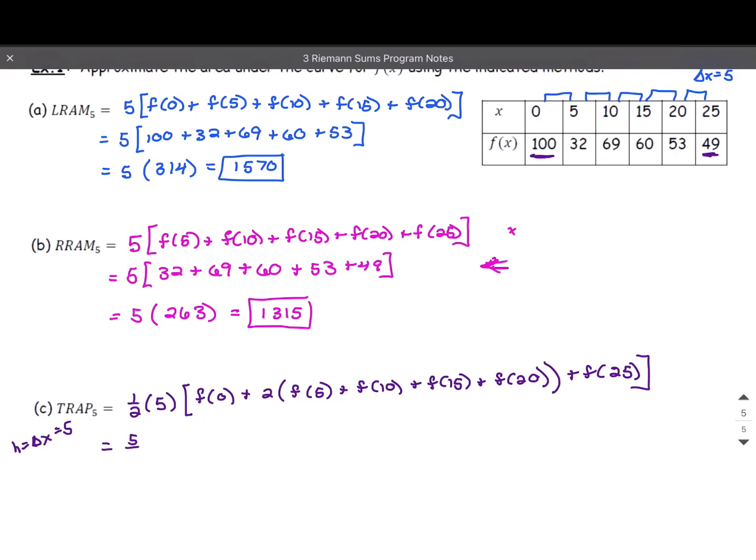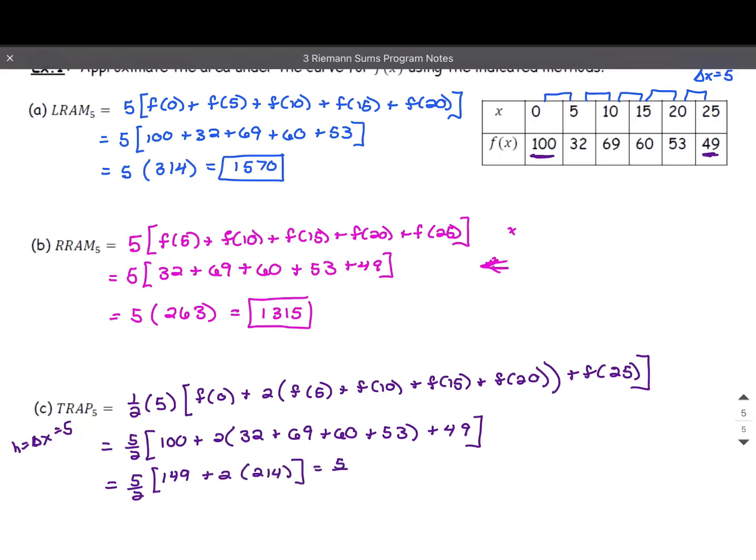So that's 5/2 times 100 plus 2 times 32 plus 69 plus 60 plus 53 plus 49. And we're going to have 149 plus 2 times 214 is 5/2 times 149 plus 428, which is 5/2 times 577.